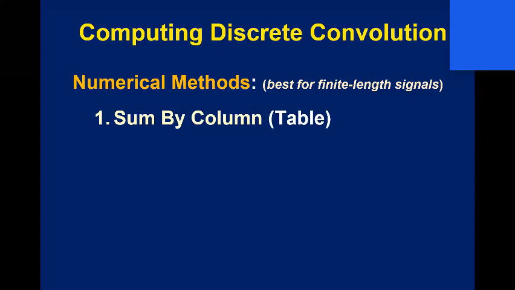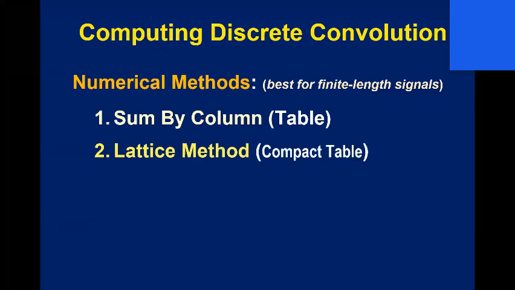It's rare to come up with many good situations where we can get an analytical solution, because they require summations for which we need a known formula, such as the sum of a geometric series. The numerical methods, though, are very handy, and they come in a couple of different flavors. The first is the sum by column method, which is a table-based method.